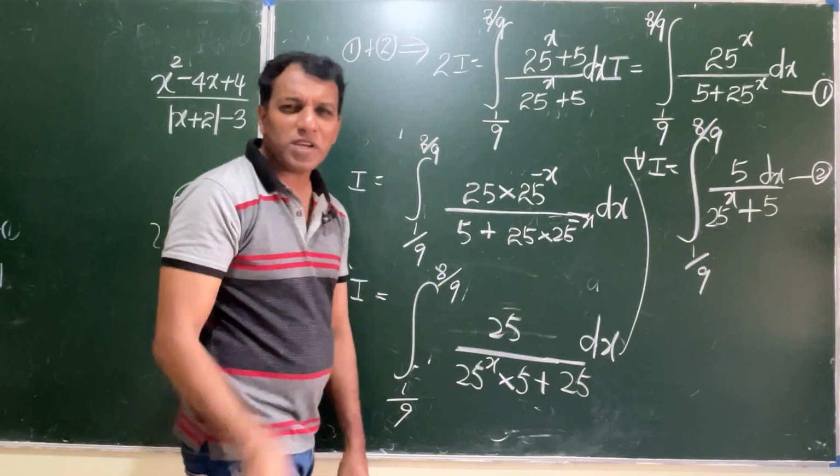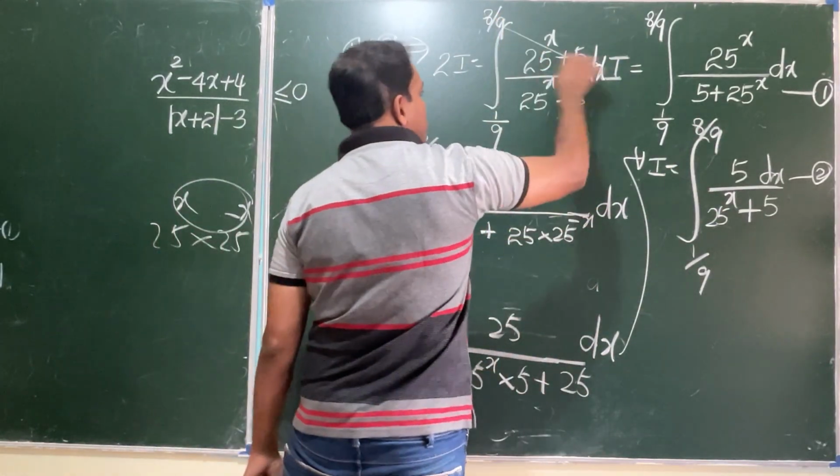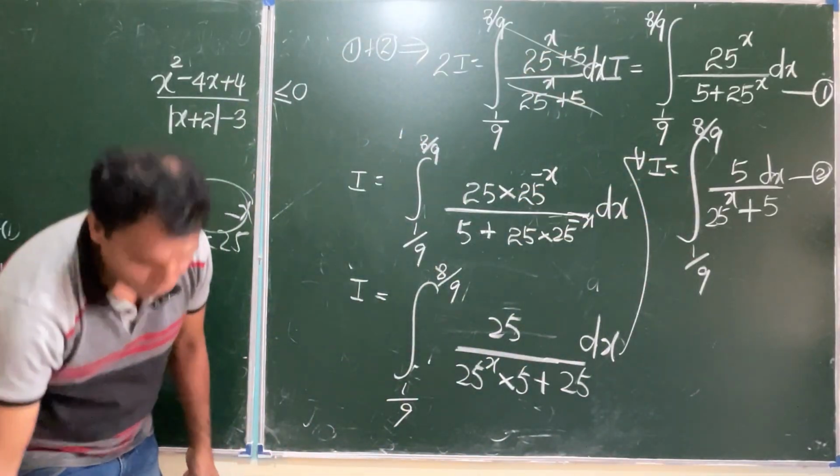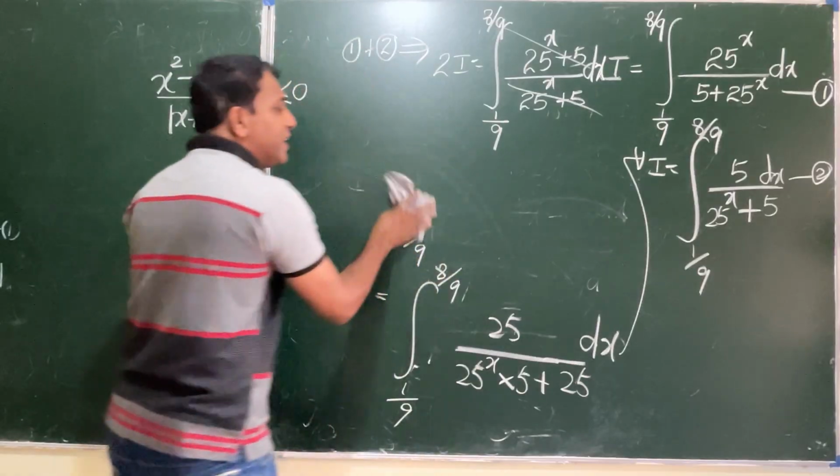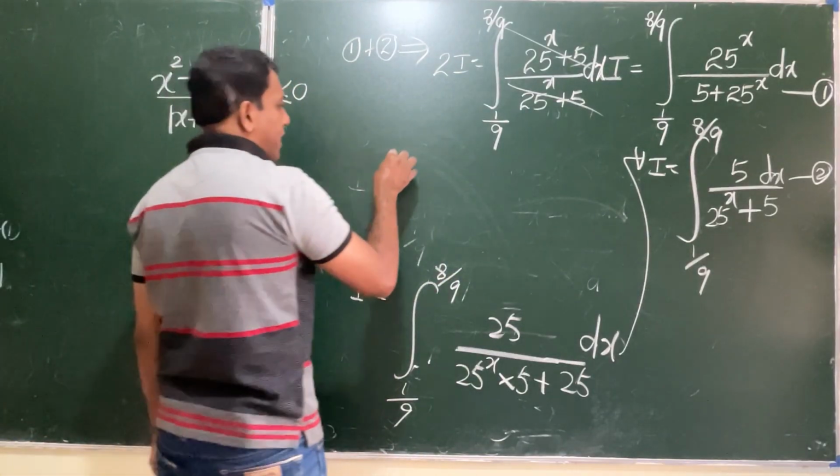Now the interesting work: all cancel, right? Then you know the answer is 1 dx, one integration.